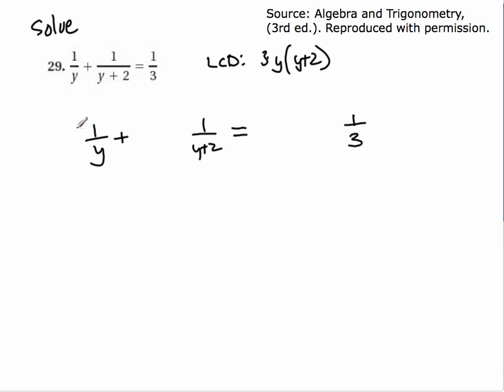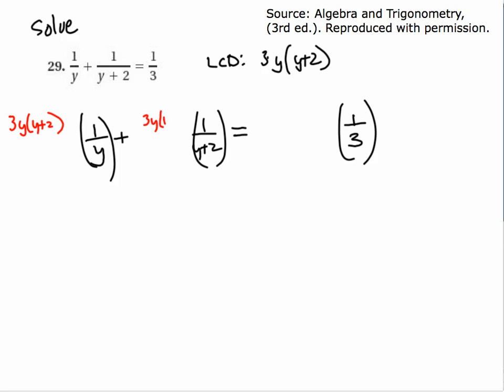Each one of those has to be multiplied by that lowest common denominator, which is 3 times y times y plus 2.